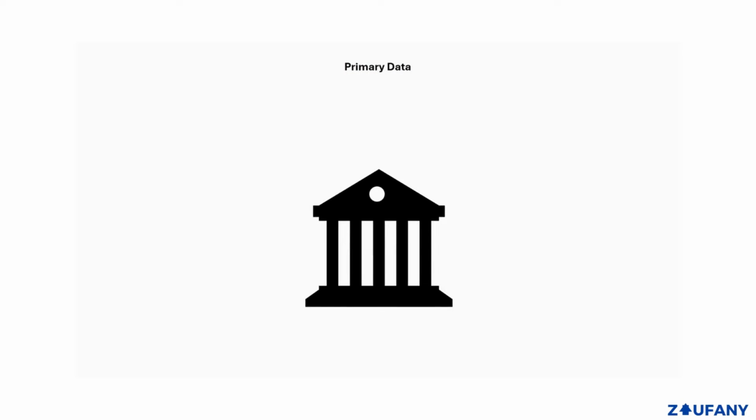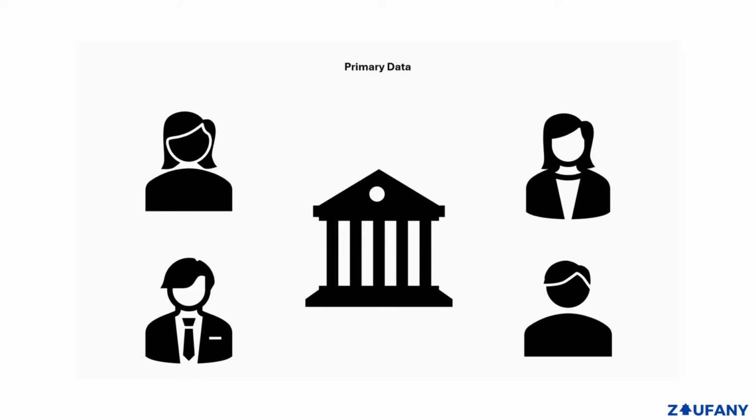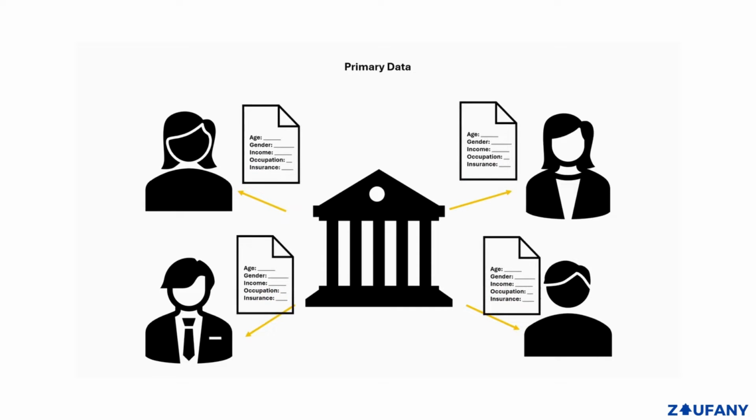Let us say you are a risk analyst at a bank and have received 100 loan applications. To analyze eligibility of these applicants, you send them a form where the customers enter their demographic and financial details like age, gender, income, occupation, and existing life insurance coverage. New data points like details of property owned, etc., can be added to the form if the bank deems this information is useful for loan evaluation.